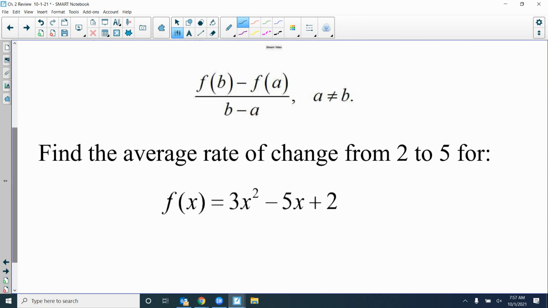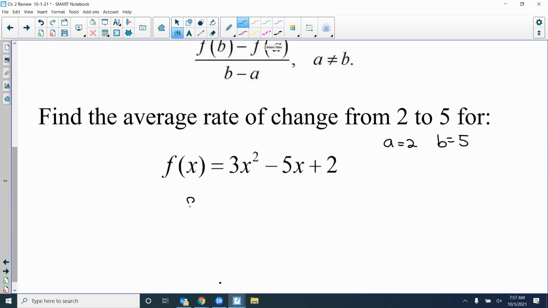Okay, this means that a equals 2, b equals 5. So f of, and the order is going to be important or else you get the sign backwards. So f of 5 minus f of 2 over 5 minus 2.